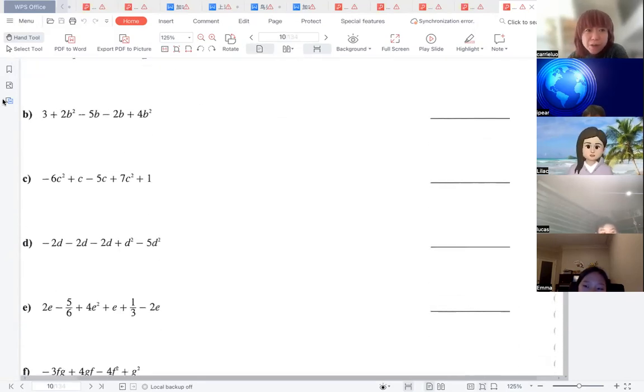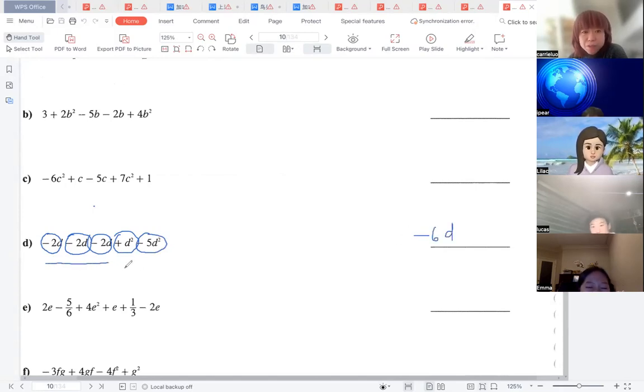It looks very scary for those ones, bigger number, but you just circle them. Negative 2d, negative 2d, negative 2d, positive d squared, and negative 5d squared, right? So negative 2d, negative 2d, negative 2d equals negative 6d. And positive d squared minus 5d squared equals negative 4d squared. Get it, everybody?